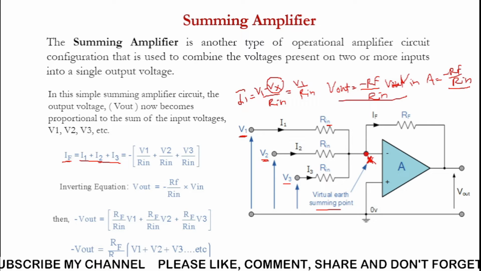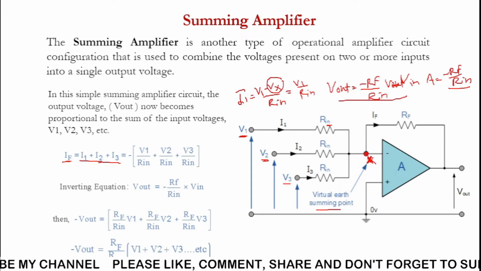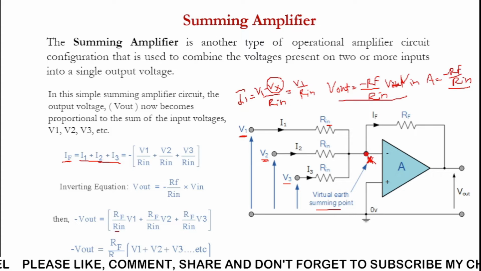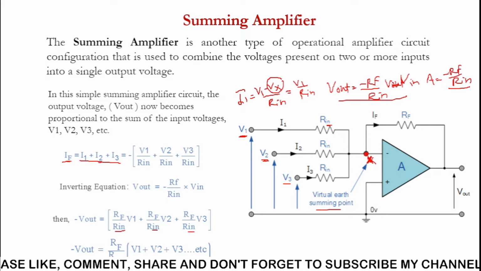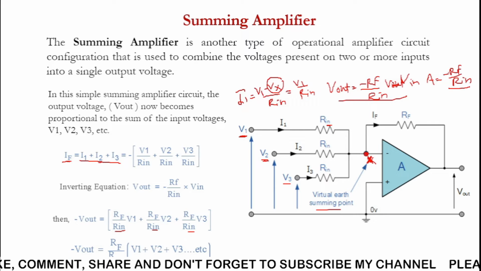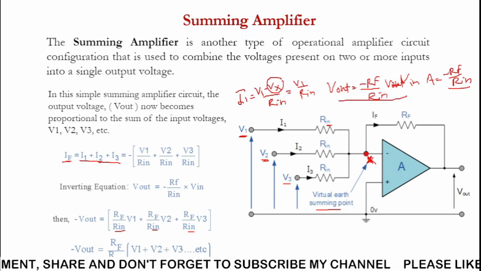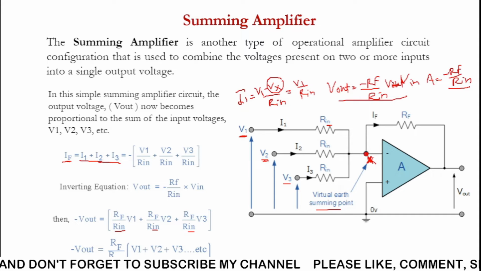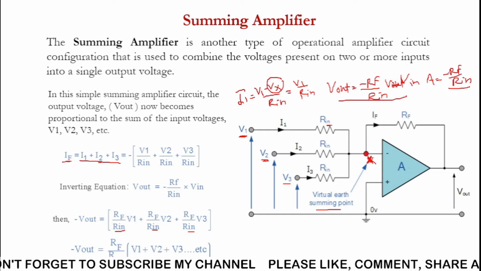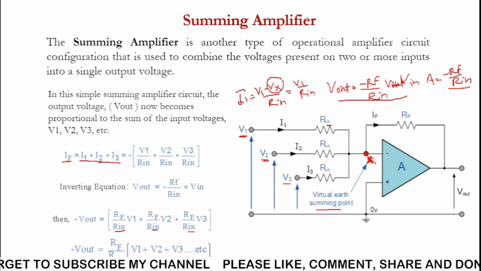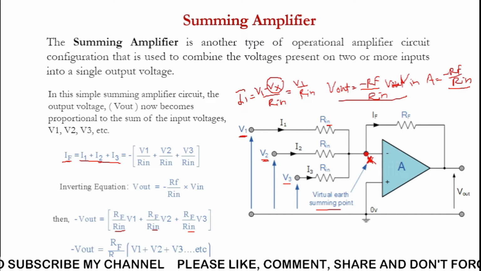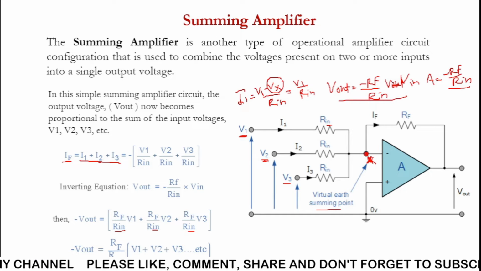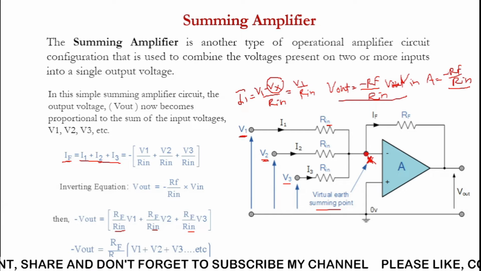So these three input voltages get added with each other because of Kirchhoff's current law. You can see here the V out is minus RF upon Rin into V in. So we can say here minus V out is equal to RF upon Rin into V1 plus RF upon Rin into V2 plus RF upon Rin into V3, because it goes inside and multiplies each term.